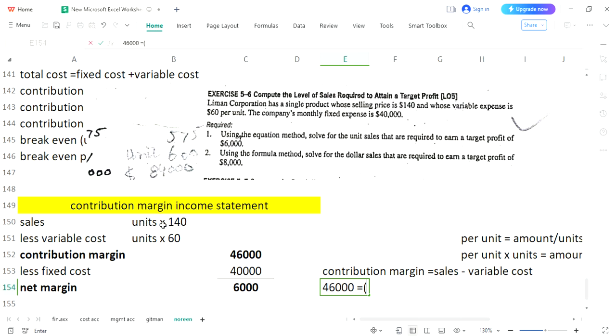So you write 140U here in place of sales. Then you need to subtract variable cost, and variable cost is 60 multiplied by units. Units are unknown, so we replace units by U. So it becomes 60U here. Close the bracket.